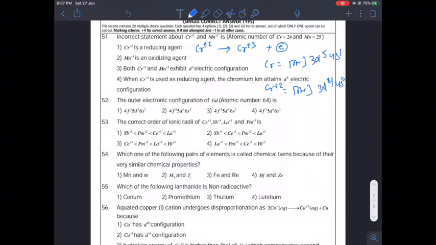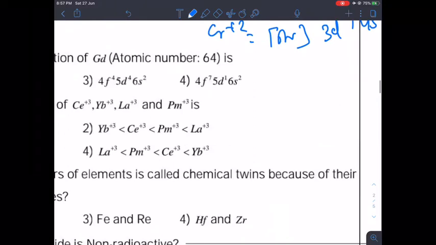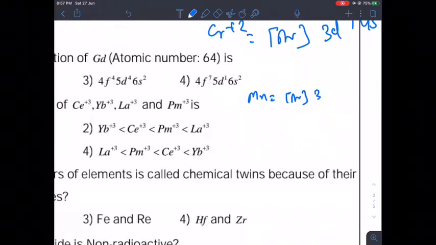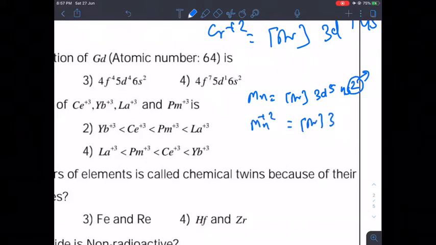Similarly, if you look at manganese plus 3, the configuration of Mn is Argon 3D5 4s2. If you remove these two electrons, Mn plus 2 will become Argon 3D5. Now Mn plus 3 will be Argon 3D4.